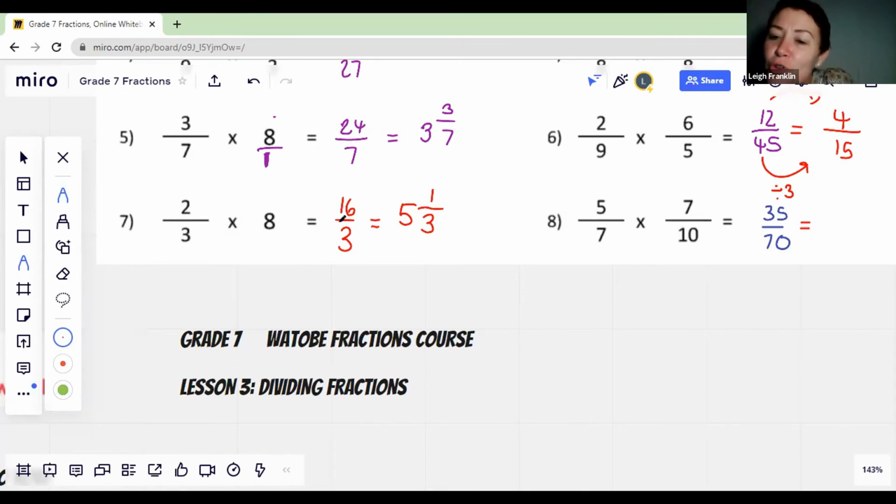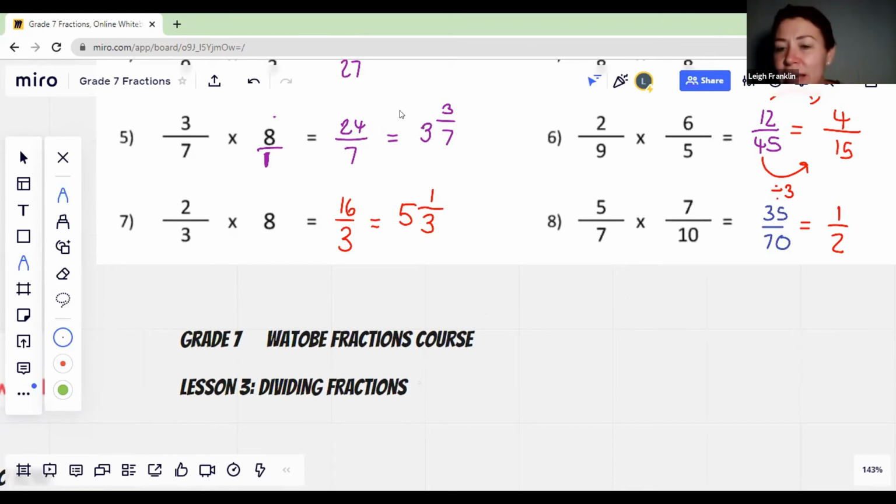So you can divide 35 by 35 and get 1, and you can divide 70 by 35 and you can get 2. Indeed. Does that make sense to everybody? Yes, ma'am. Okay.